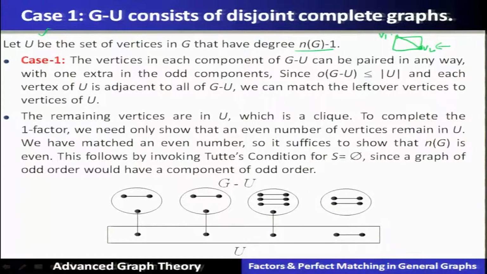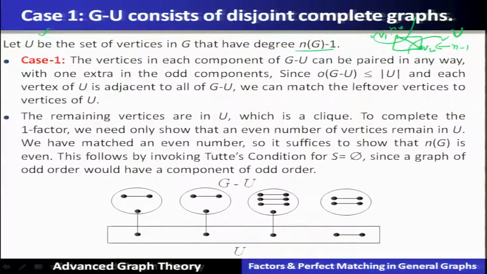The total value of n is 4, so 3 edges are present at each. So, each is n minus 1. We are collecting such vertices and calling the set U. These vertices will be part of U, other vertices are not part of U. So, let us see case 1.